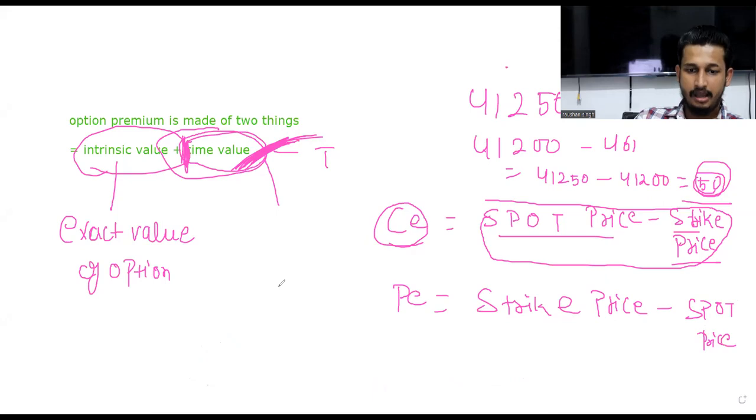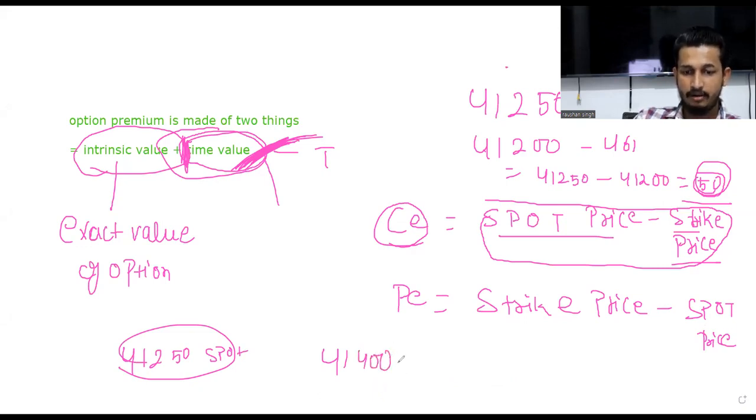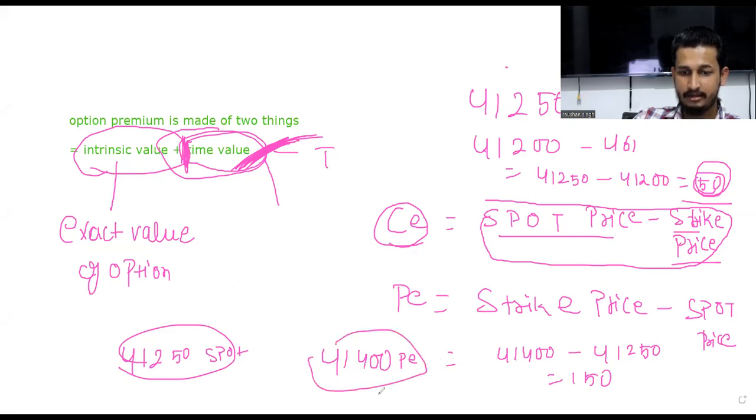Which means if the spot price of Bank Nifty is 41,250, and I'm taking a strike price of 41,400, what will be my intrinsic value? 41,400 minus 41,250, which is going to be 150.